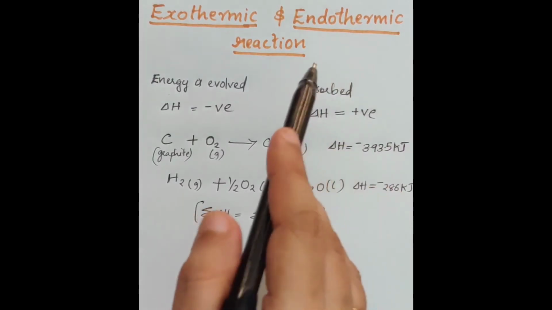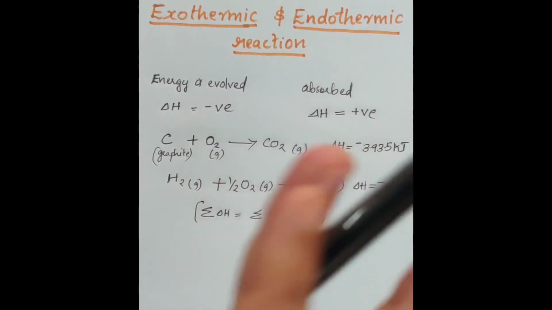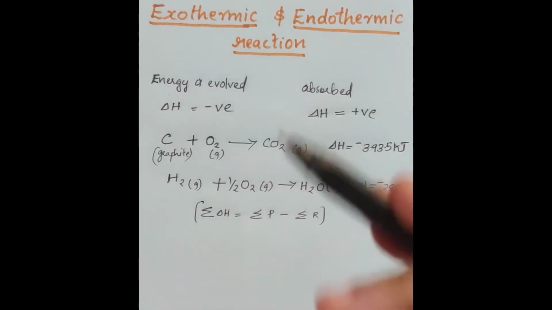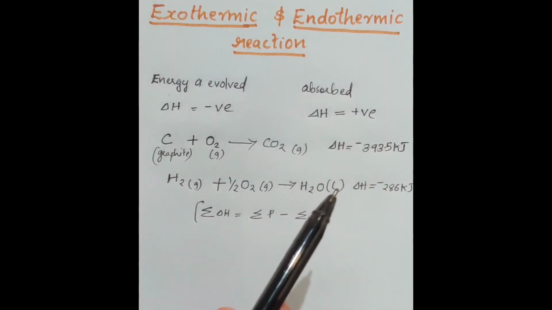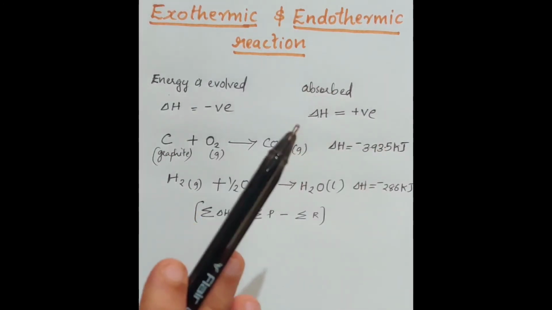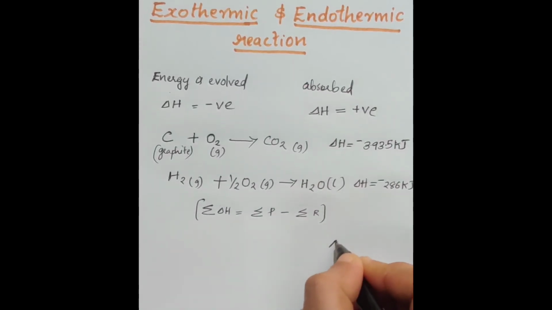Now next we are discussing an endothermic process. A reaction in which heat is absorbed is called an endothermic process. For an endothermic process, delta H is a positive quantity.